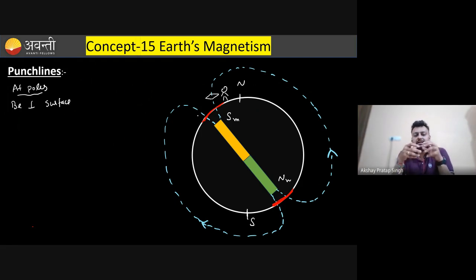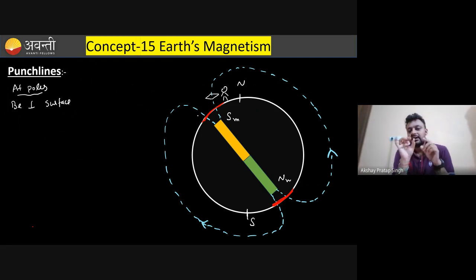And you are standing on the earth surface like here I am standing, and let's suppose there is the south pole below my feet, magnetic south pole I am talking about, obviously. So I am holding a magnet. You can also imagine that you have the south pole of the earth's bar magnet below your feet, and you are holding a bar magnet which is free to move in the vertical direction.